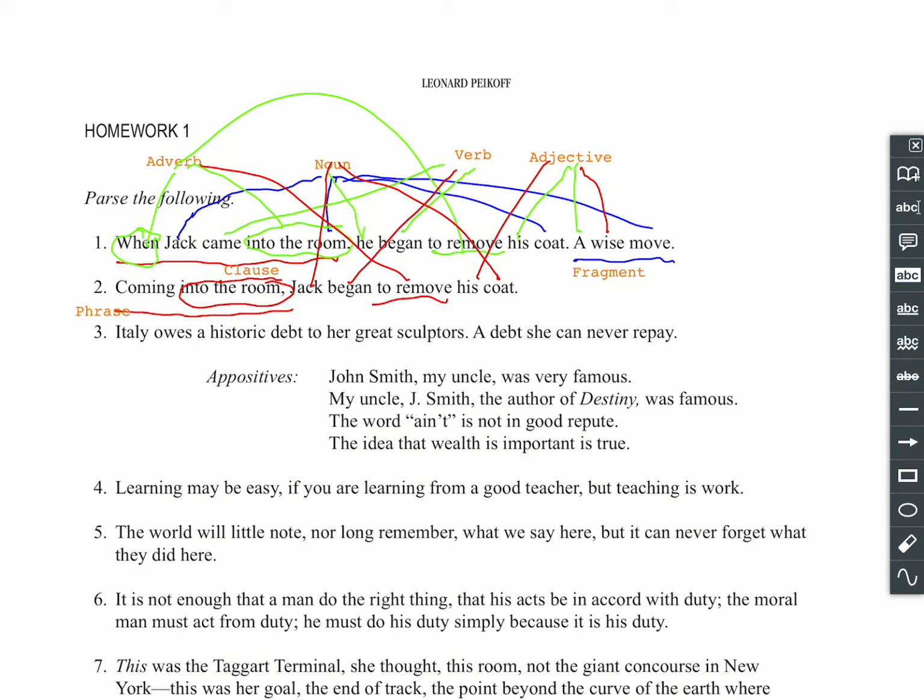So the essence here, I could mark the subject. The subject of the first one is he, which refers to Jack. The simple subject. And the simple predicate is began. So the essential concept is he, meaning Jack, began. And then here again, it's also Jack began.